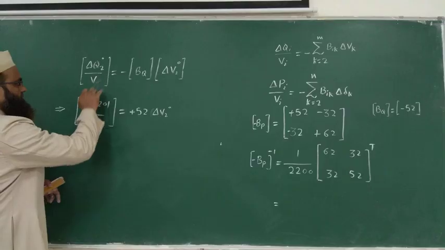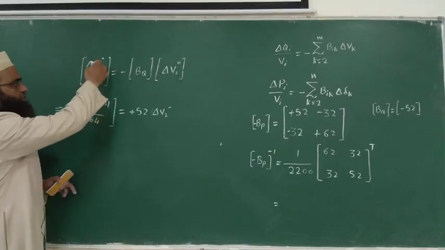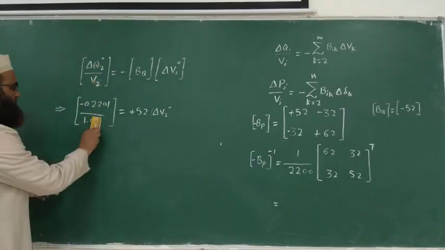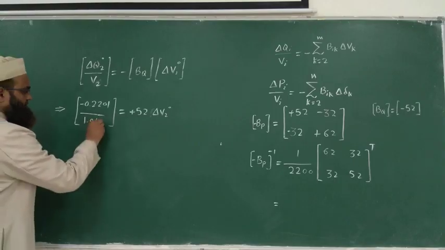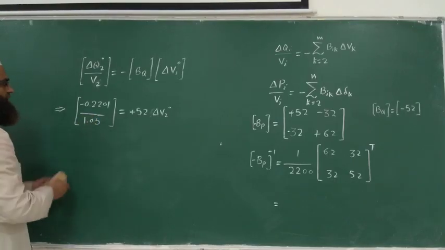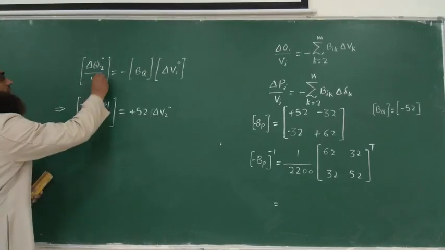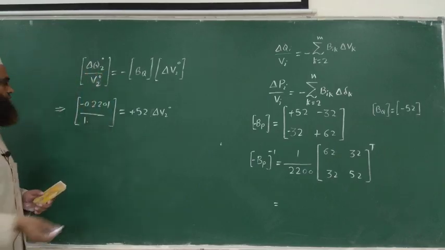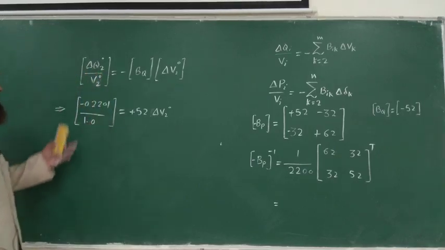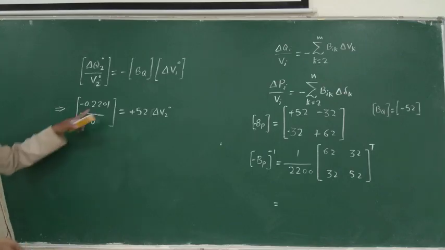Yes. Okay, yeah, del Qi upon del Vi, 1.05. 1.0, you have assumed initial value, so put here 0 because this is variable for bus number 2. So you have assumed as 1.0, so same. So now take the ratio of this and this.